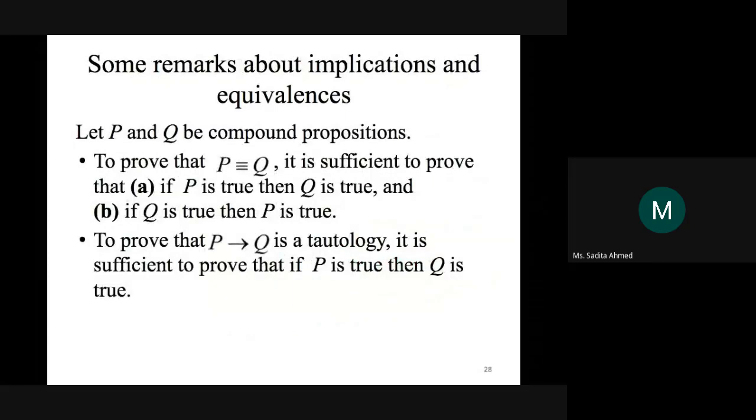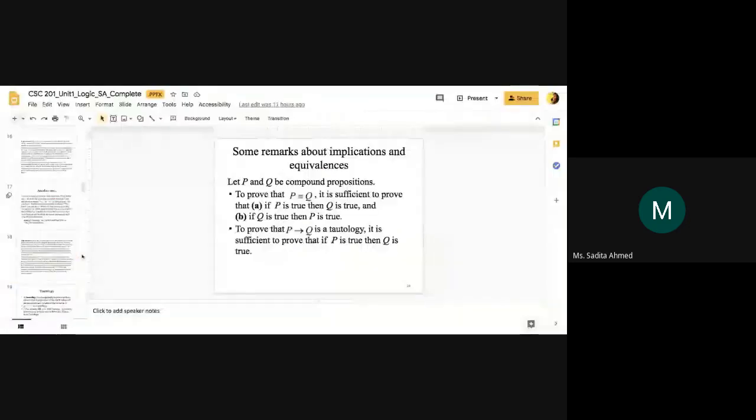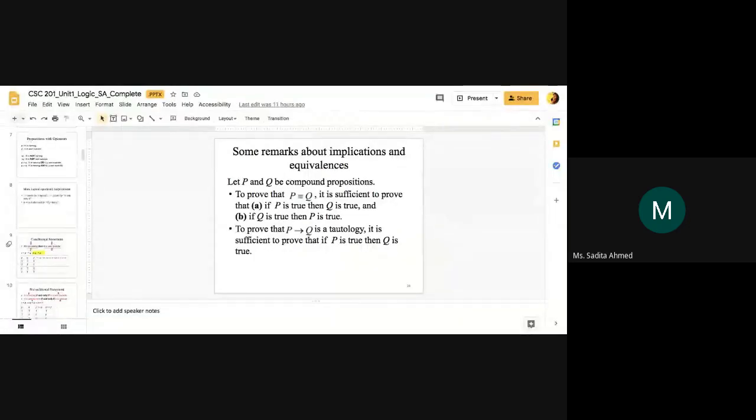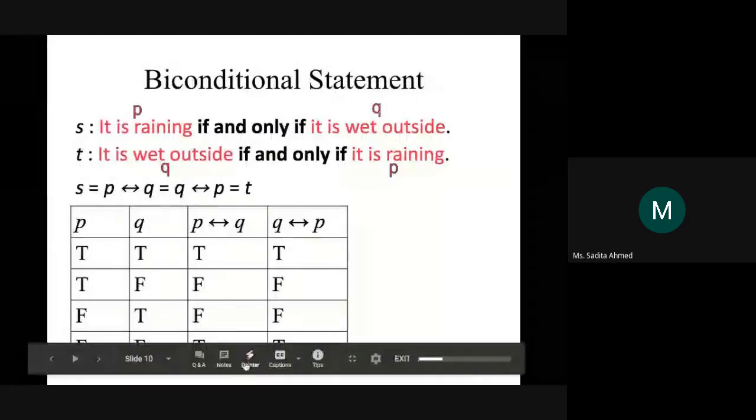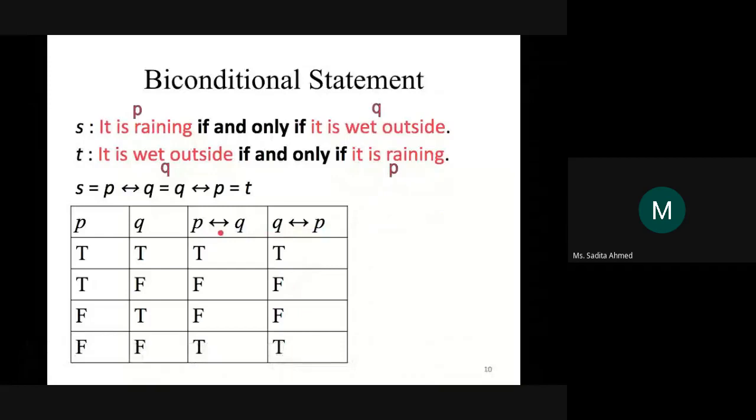Okay, some of the remarks regarding implications and equivalences, things that we already actually know, by the way. Remember when we were talking about biconditionals, some of you guys pointed out that by looking at the truth value of a biconditional, we can tell something about the variables involved in that biconditional.